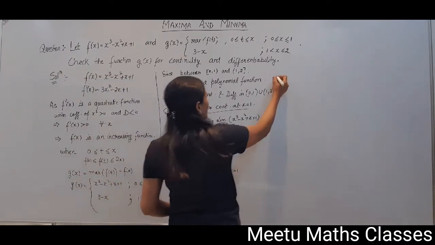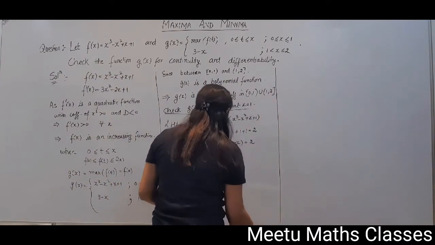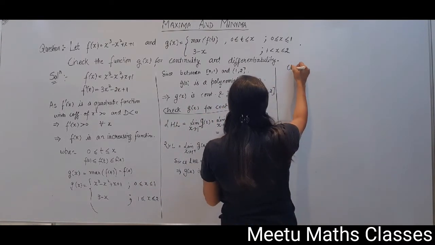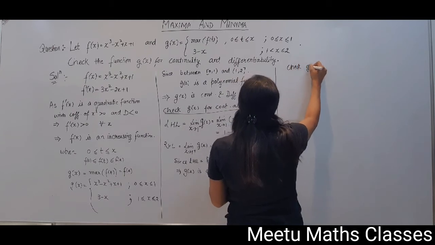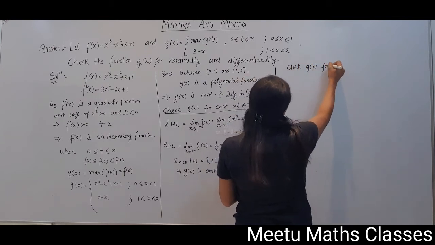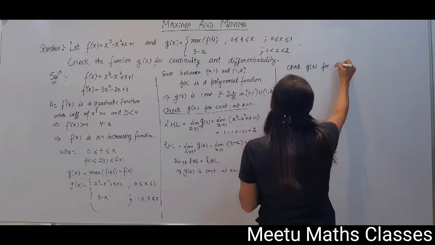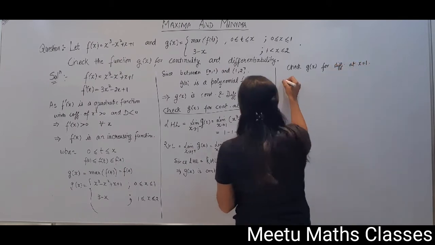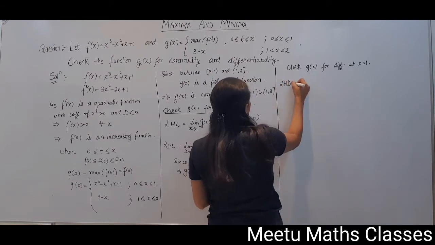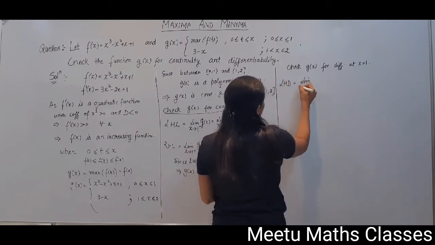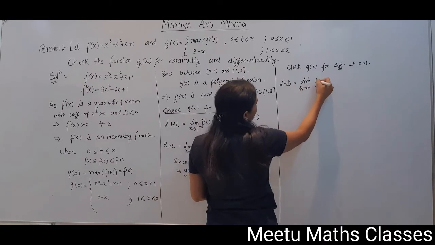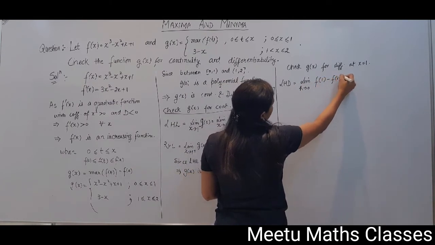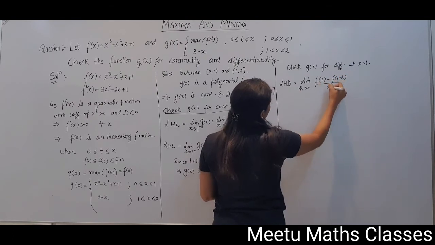Now let us check whether your function g(x) is differentiable at x equals 1 or not. So check g(x) for differentiability at x equals 1. Let us take the left hand derivative first. The left hand derivative will be limit h tends to 0 of g(1) minus g(1 minus h) upon h.